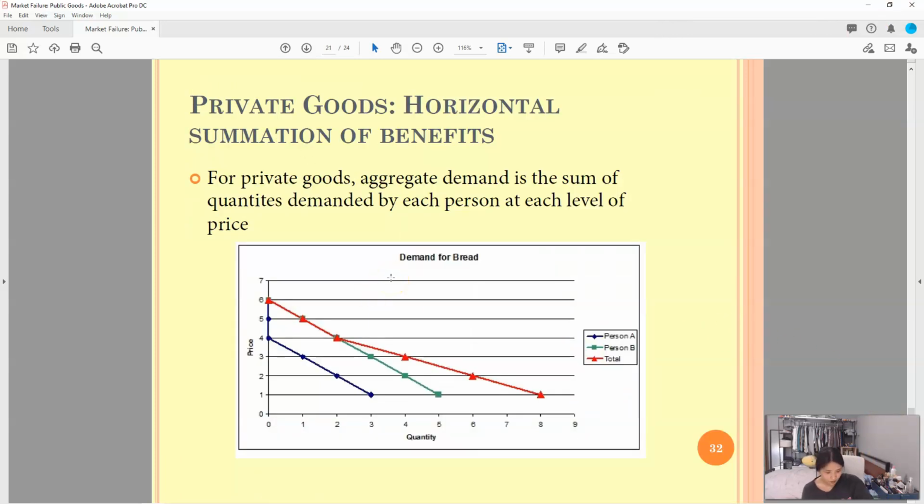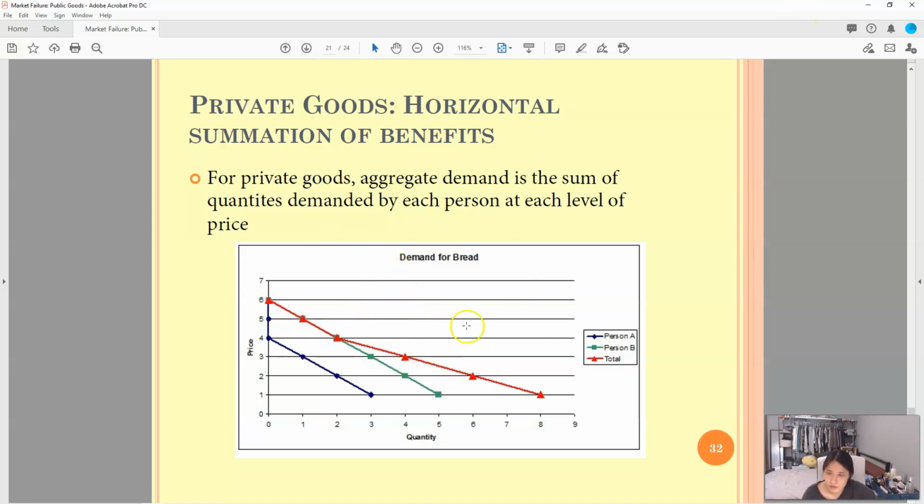So the next one would be for the private good. Think for the private good, a different story applies. Because at different prices, different people may have different preferences for the quantity, right?